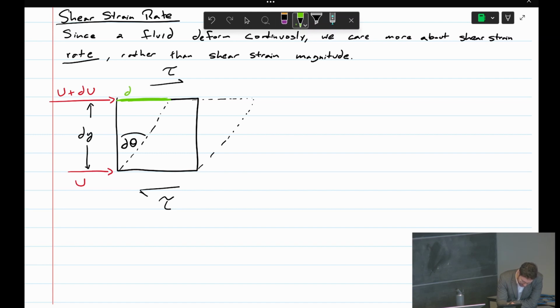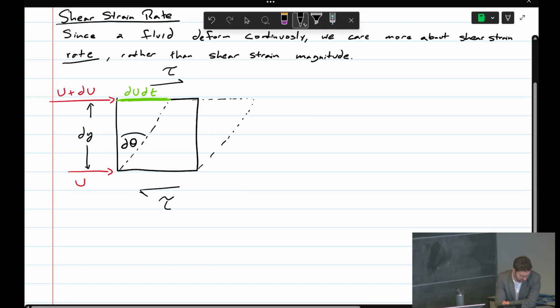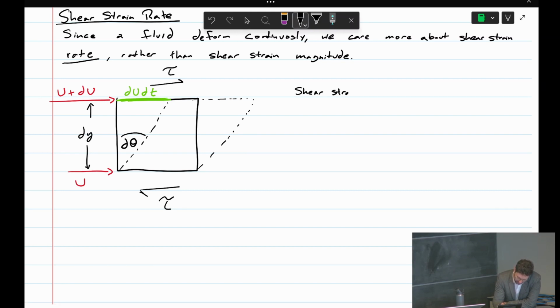So the length of that is du times dt, where dt is the length of time over which the deformation occurs. So that du dt is just velocity times time. So we know that length is velocity times time. So the shear strain rate is simply the rate of change of angle, d theta dt.